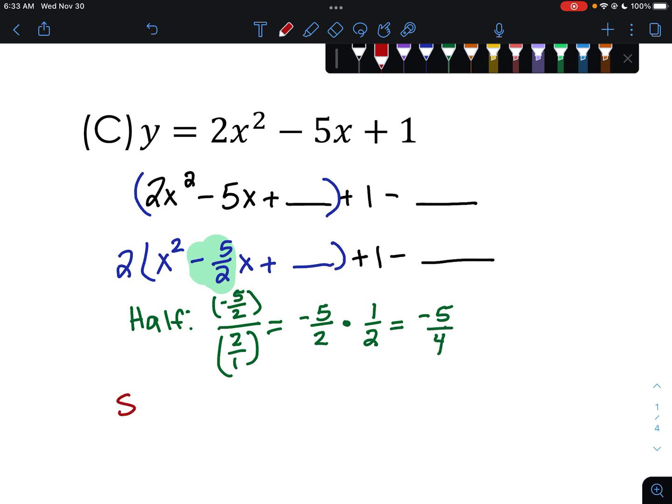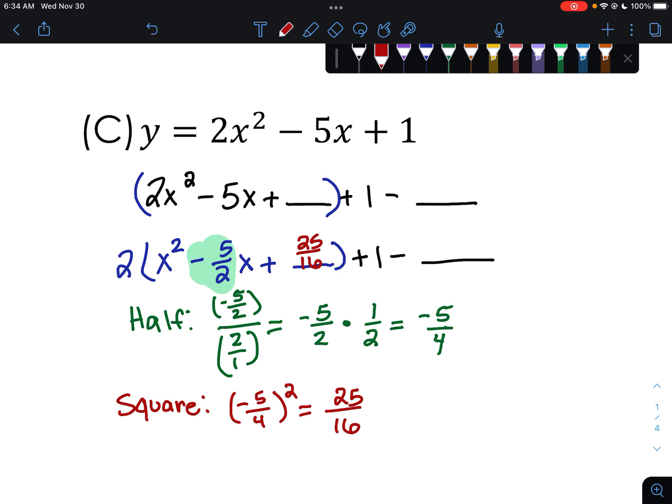Then you square that number we just got. So squaring a negative 5 over 4. Negative 5 squared is 25. 4 squared is 16. So we have a 25 over 16 that goes in this spot.